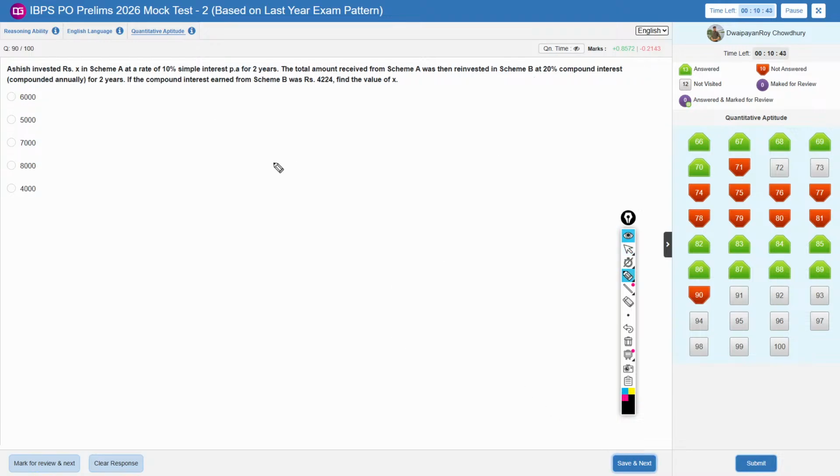Ashish invested X in scheme A, 10% per annum, 2 years, so 20%, X rupees. Total amount received from A, then reinvested in 20% compound interest, 1.2x into 20% compound interest. Compound interest earned from B into 44.44 is 42240, another 0.